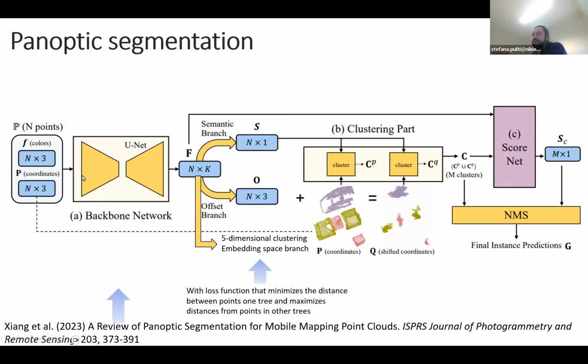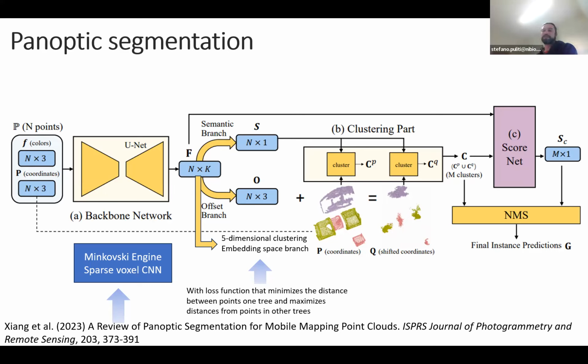And then what Binbing Chang did in 2023, she replaced the backbone with the Minkowski engine implementation of sparse voxel CNN. So it's a convolutional neural network for voxels. And then expanded to a third branch, which basically implements a 5-dimensional clustering of the embedding space.